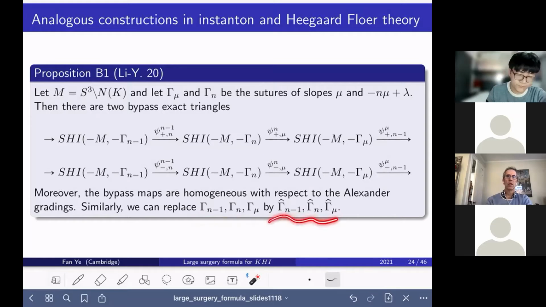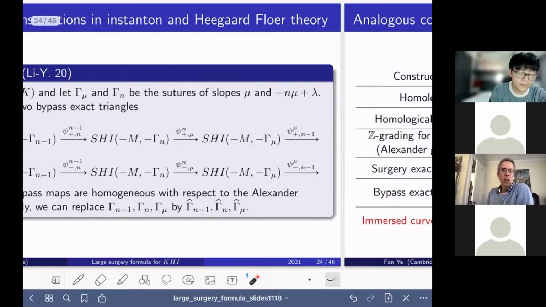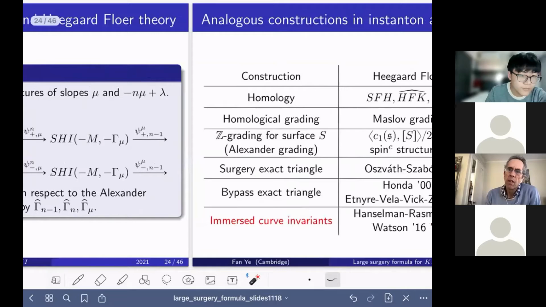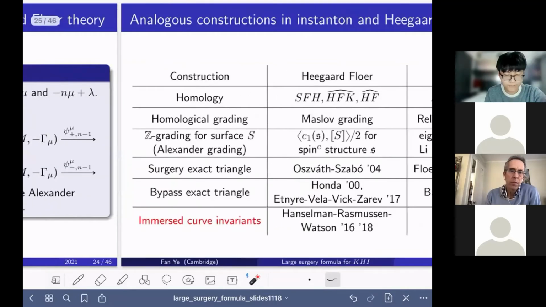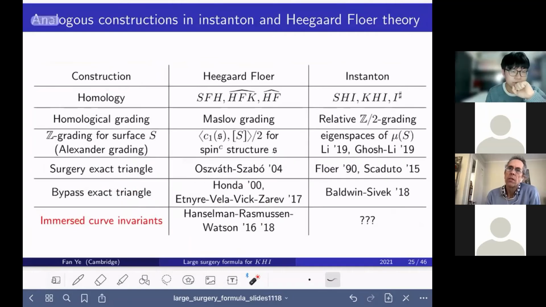So these two triangles, the surgery exact triangle and the bypass exact triangle, are the two main inputs we have. And then I will introduce a geometric way to understand these exact triangles, so that we can understand these things better to get the construction. This is based on the immersed curve invariants in Heegaard Floer theory.